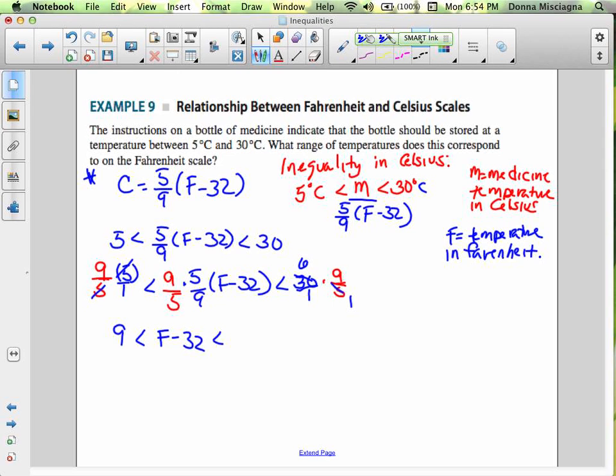All right, and so that'll be less than 54. And now to solve this, all we have to do is add 32 to all three sides. All right, so 41 is less than the temperature. And so the temperature in Fahrenheit has to be greater than 41, but less than 86.